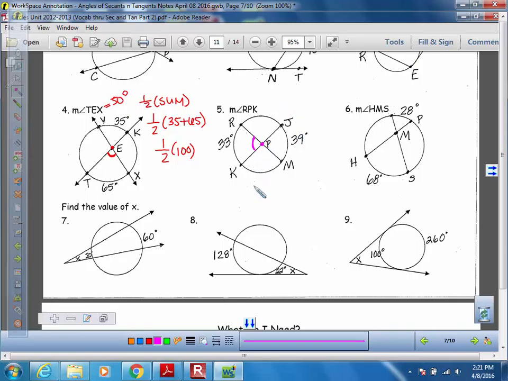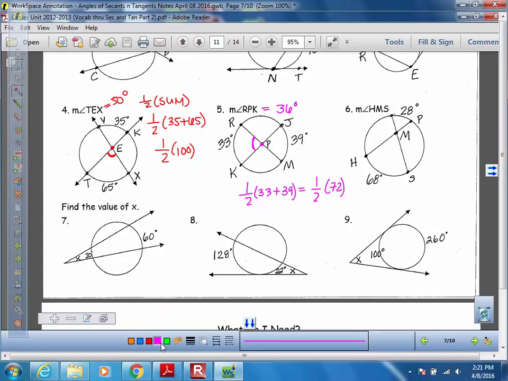So we're doing 1/2 of the sum, which is 33 plus 39. That would be 1/2 of 72. And if you half 72, angle measure RPK equals 36 degrees. Okay?